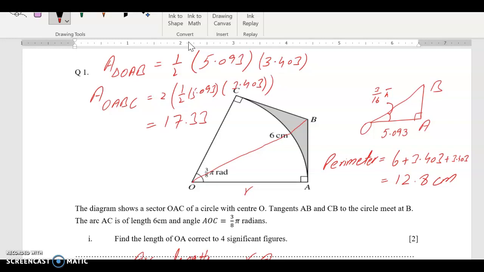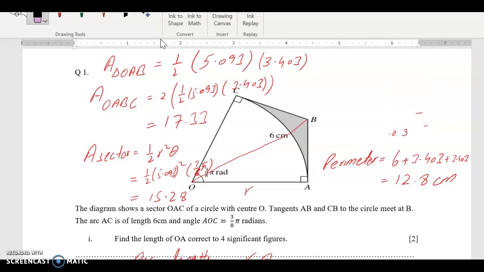Then we can find the area of the sector. We will use the formula half r squared theta. So r we know, which is 5.093 squared, and theta is 3 by 8 pi. So the area of the sector will be 15.28, and then using these two we will subtract.